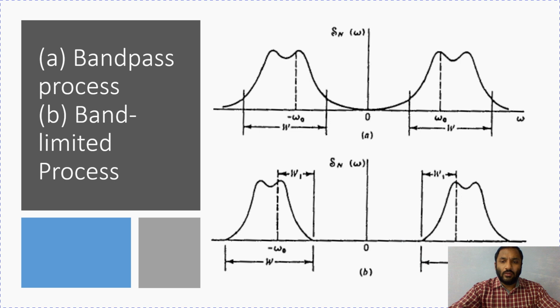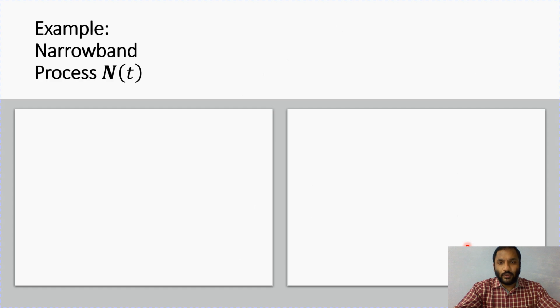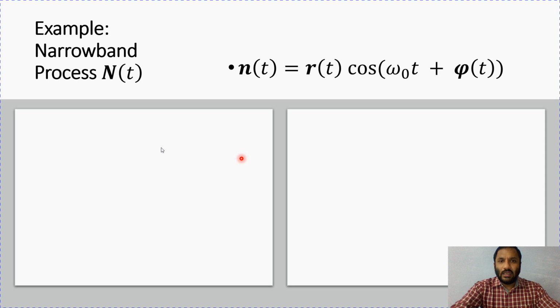When W, the width of this bandwidth, is very small compared to the carrier frequency, we call such a process a narrowband process. Now look at this example of a narrowband process. This is the general abstraction for any narrowband process. Typically they follow this kind of model.